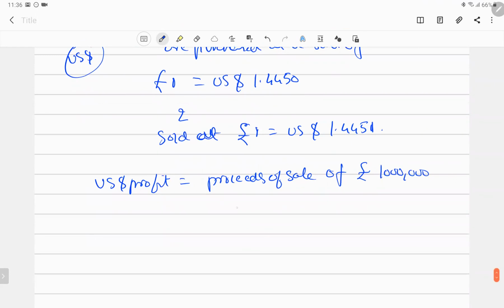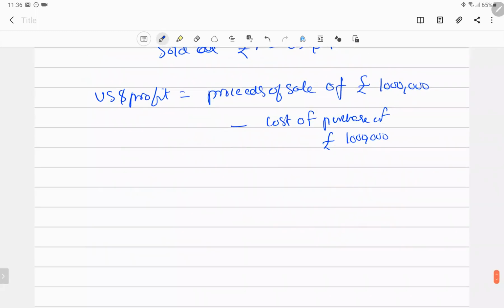Okay, then minus the cost of purchase of the particular pound, whatever may be the value. Okay, you normally have to subtract the sale minus the cost. So you can put it like this also.